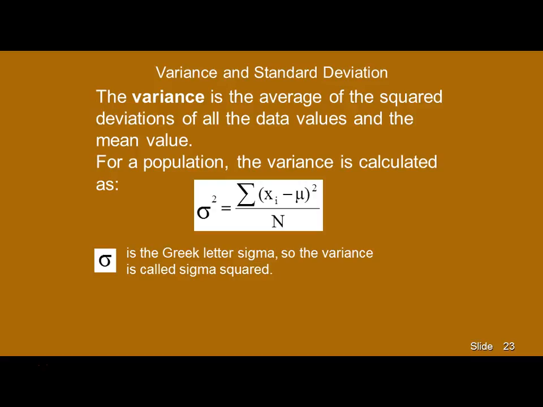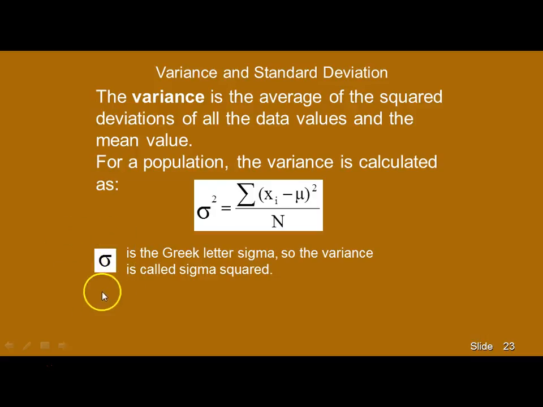Technically, the variance is the average squared deviation around the mean. That's kind of a mouthful, and I'll explain that a little bit more in a minute, step by step. Let's go to a formula first. For a population, the variance is going to be denoted by the symbol sigma squared.